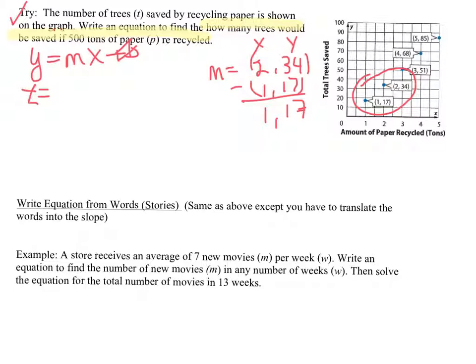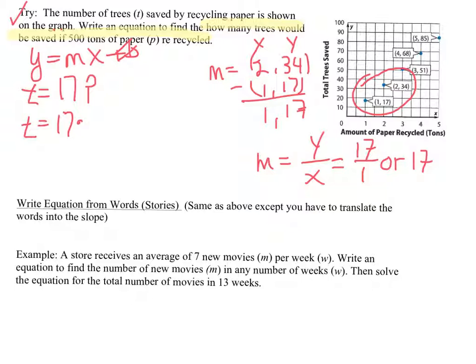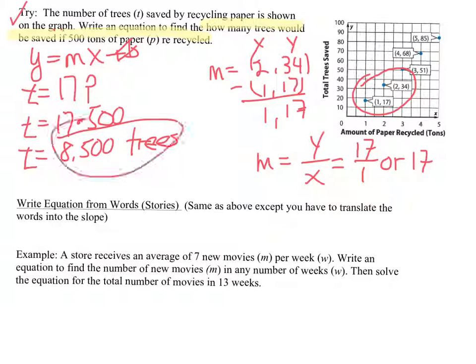And when I subtract the points, I get x value of 1 and y value of 17. Slope is always reported y over x, which will be 17 over 1, or 17. So the 17 goes in for m. Instead of x, we use p, which is for paper. We substitute 500 for the tons of paper and multiply. So we would save 8,500 trees.